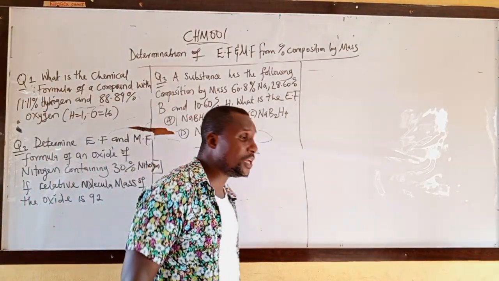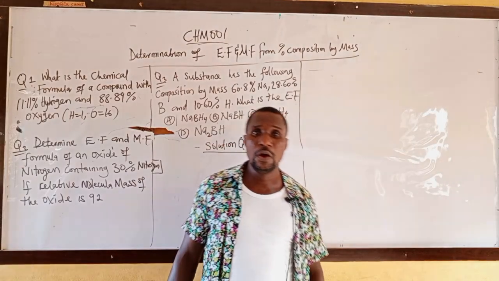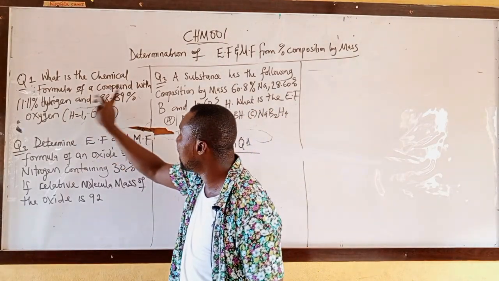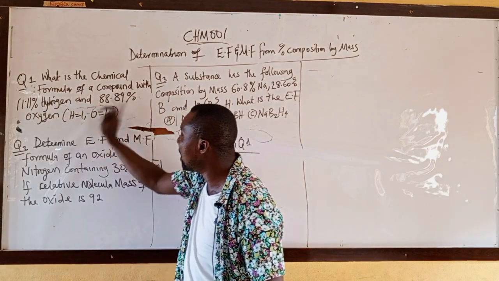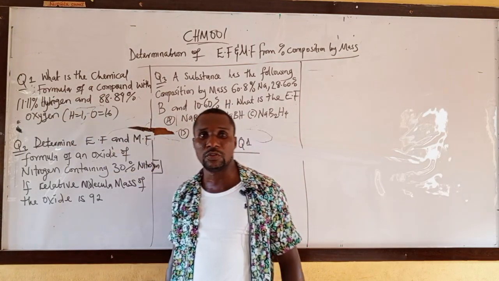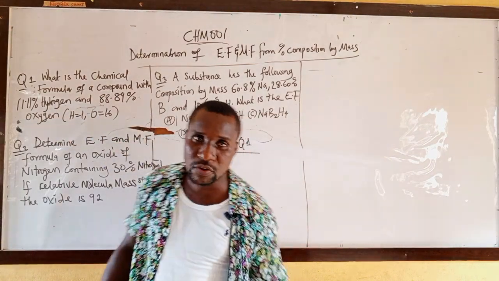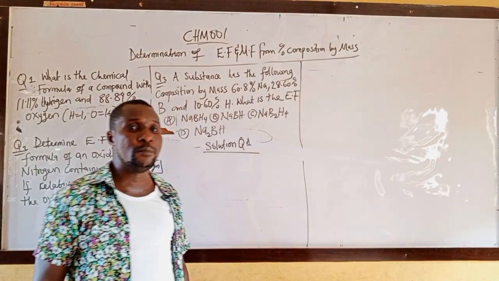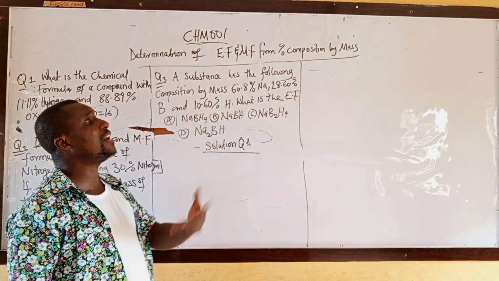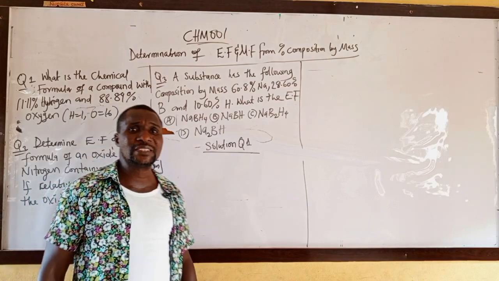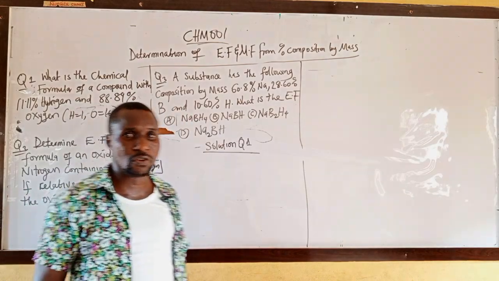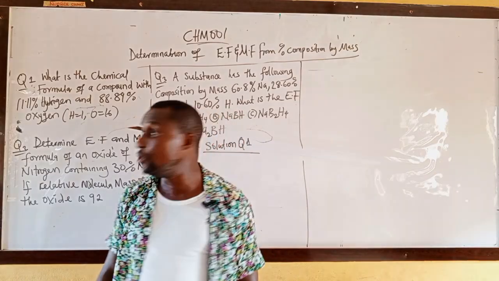You have to calculate the atomic weight ratio, or mole ratio, of each of these elements, hydrogen and oxygen, in that unknown compound, which I can also call the percentage by mass ratio.